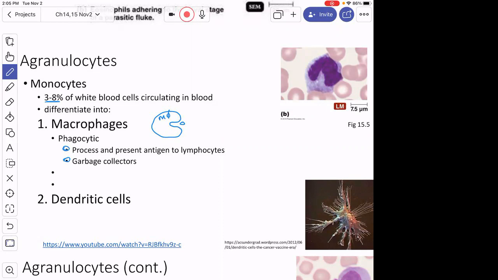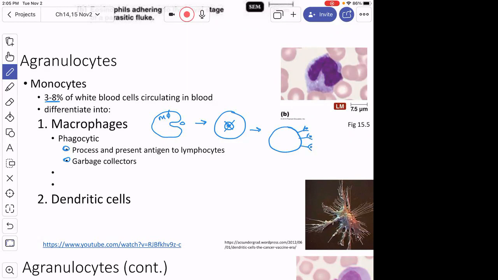It's going to extend pseudopods, rudimentary drawings, to engulf some pathogen. So here we have the pathogen inside the macrophage in that endosome vesicle, and the macrophage is able to kill it. There are mechanisms that we're going to study more in depth later for that macrophage to present some of that pathogen on its surface.